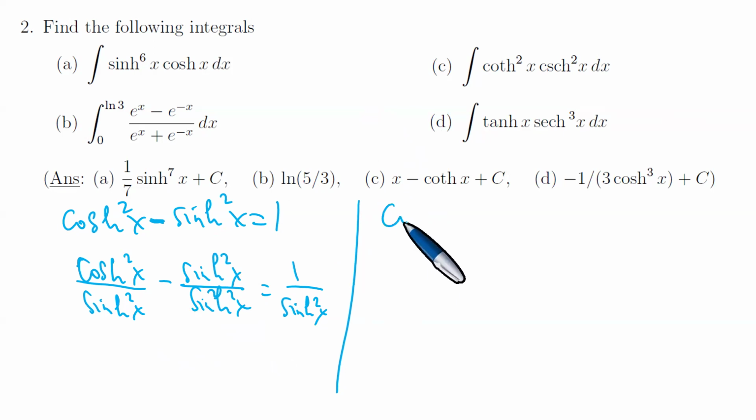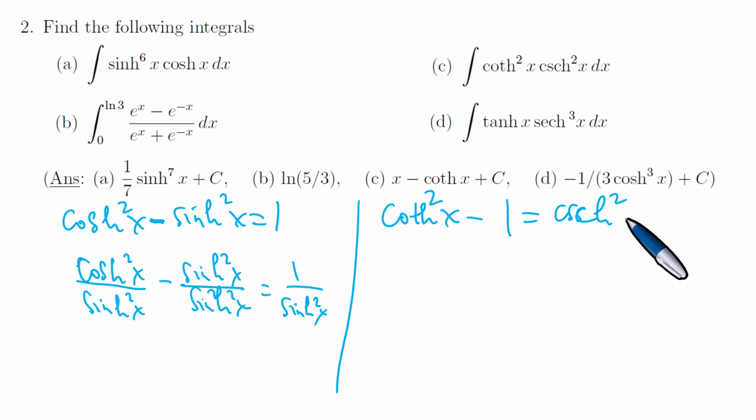It's the coth squared of x, minus 1 is equal to the hyperbolic cosecant squared.